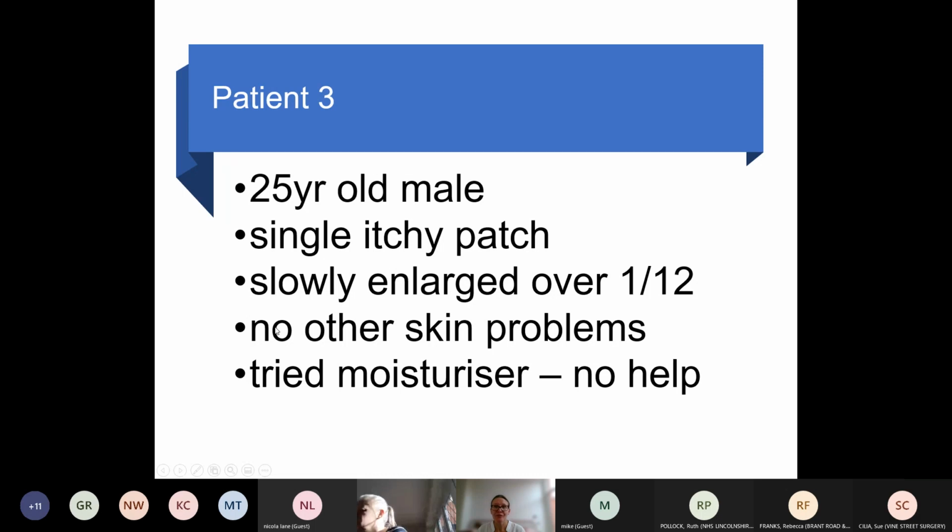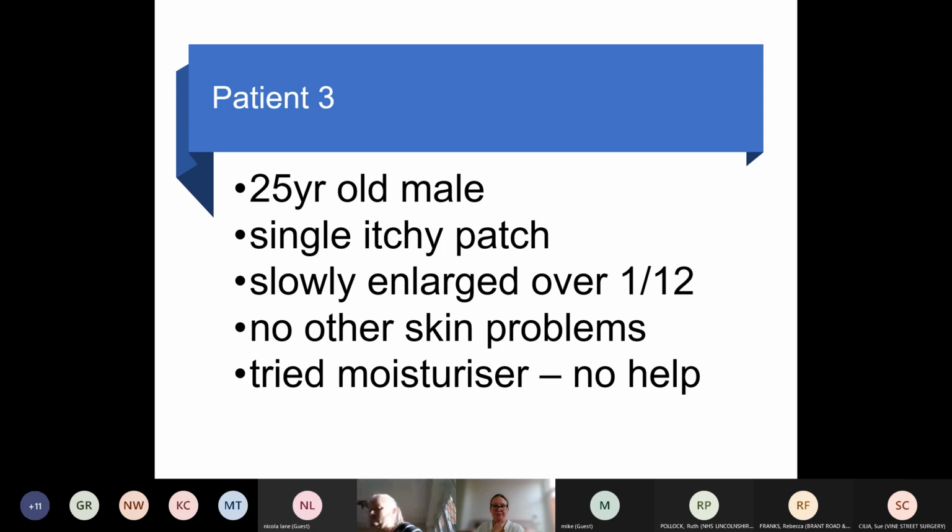Where is it? I'll say on his tummy. Has he had it before? No. Any pets? Has a dog. Any allergies? No. Does anything make it better?